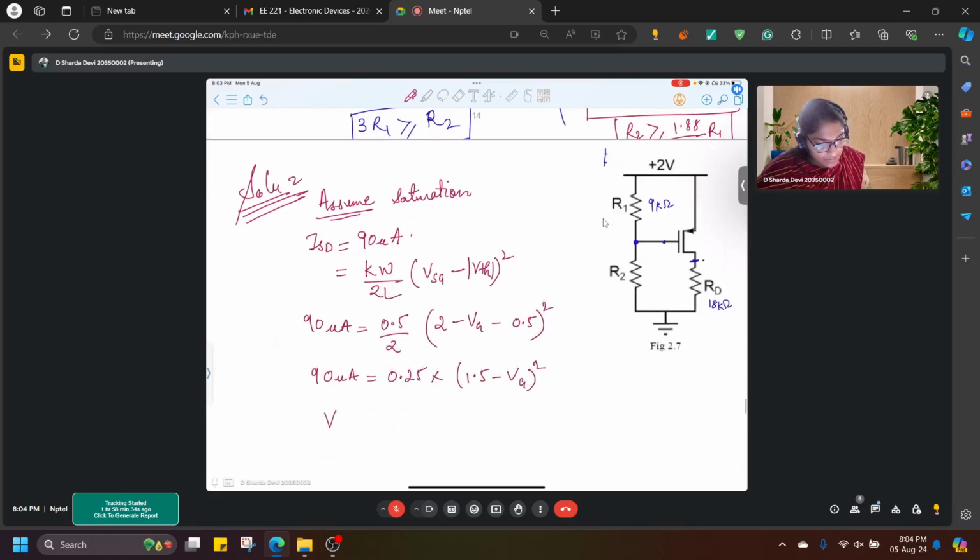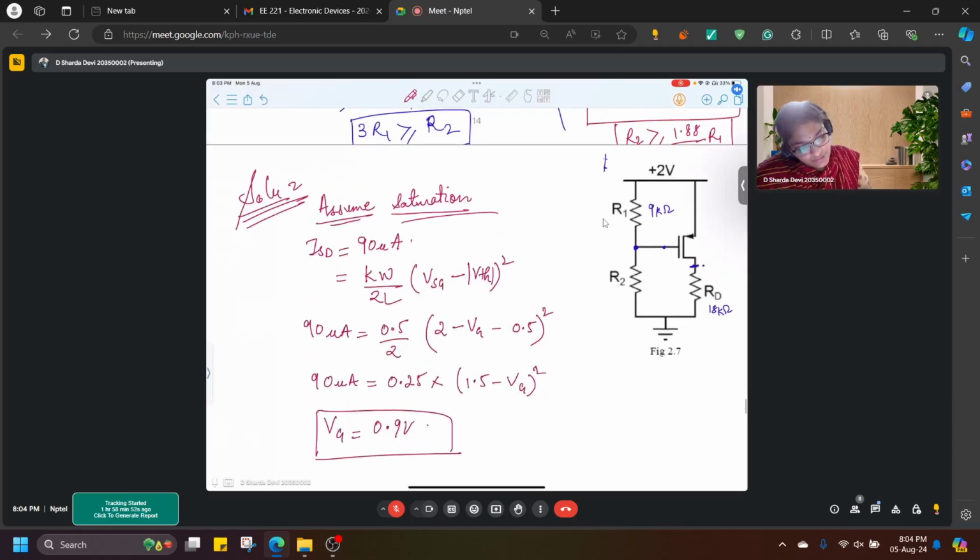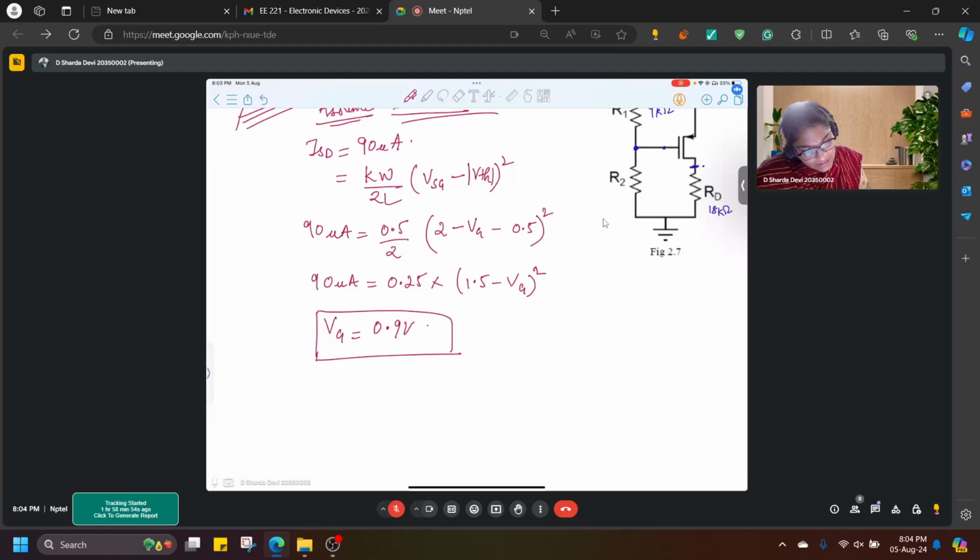So from here, the value of VG that we obtain is 0.9 volt. But since we are already assuming saturation, we get this 0.9 as 2 into R2 upon R1 plus R2, right?